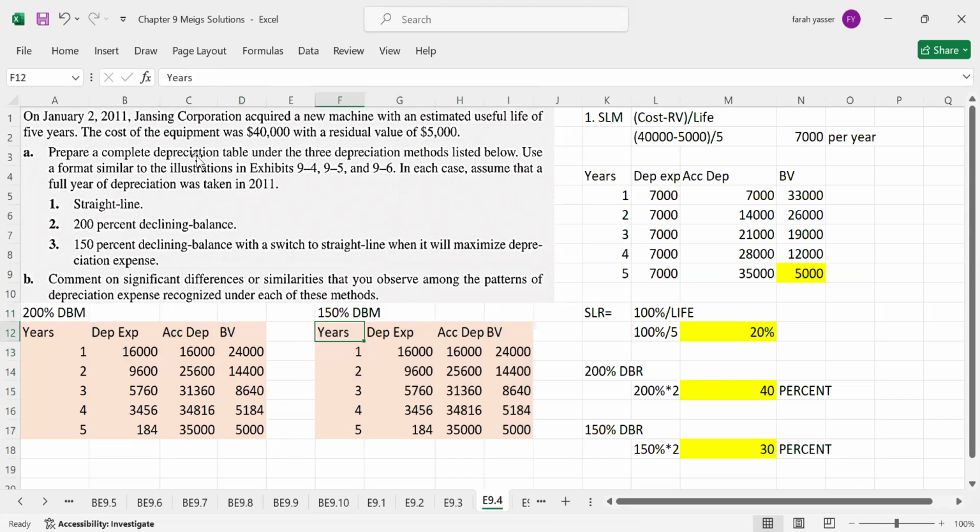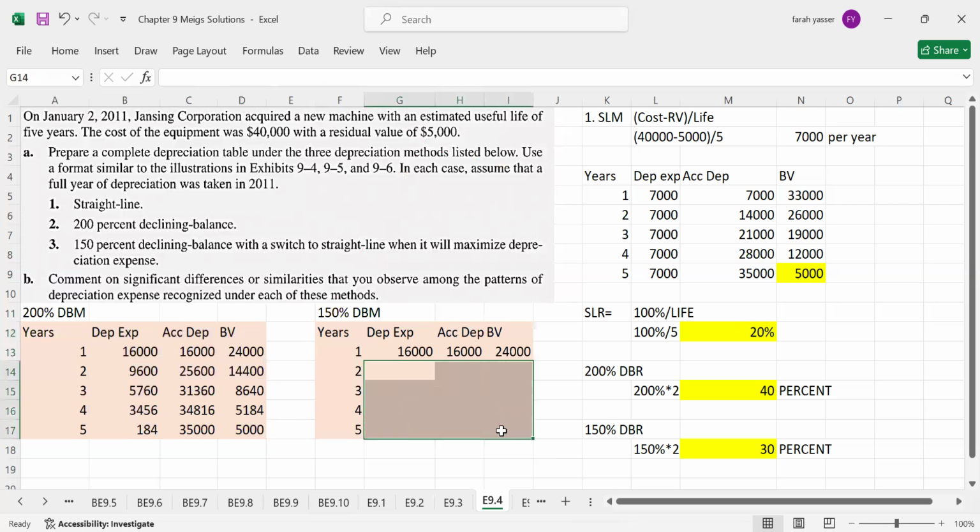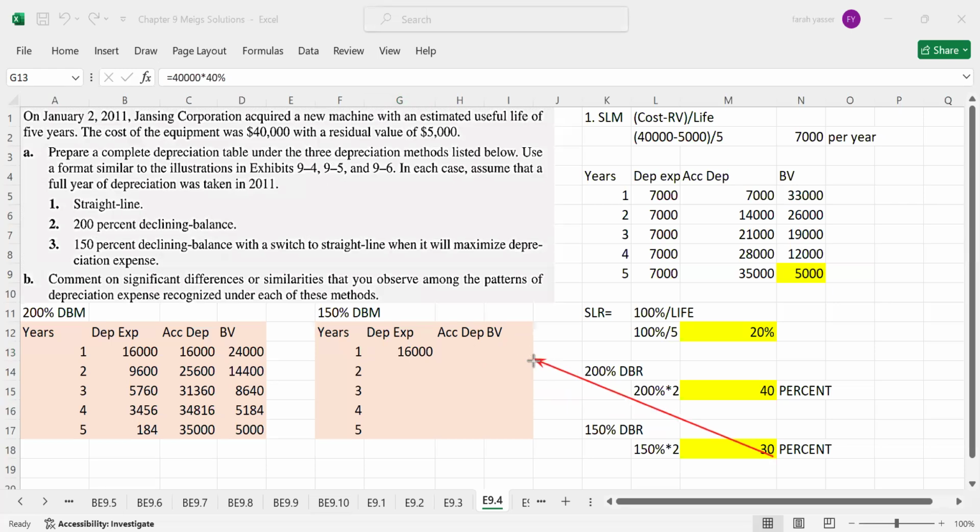The procedure is the same. Okay. So for 150%, here we have a 30% rate based on straight line. For the chart where we used 200% declining balance, we used 40%. Now for 150%, we use 30%.